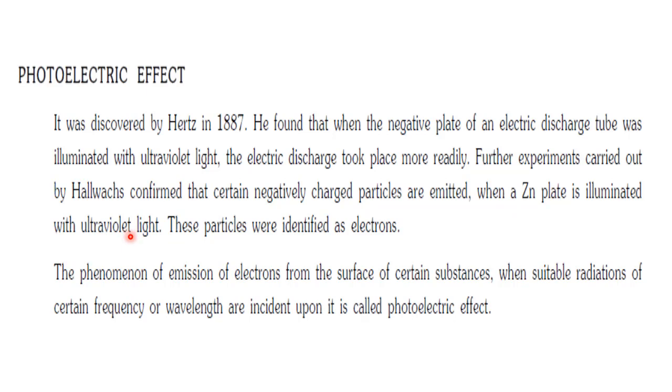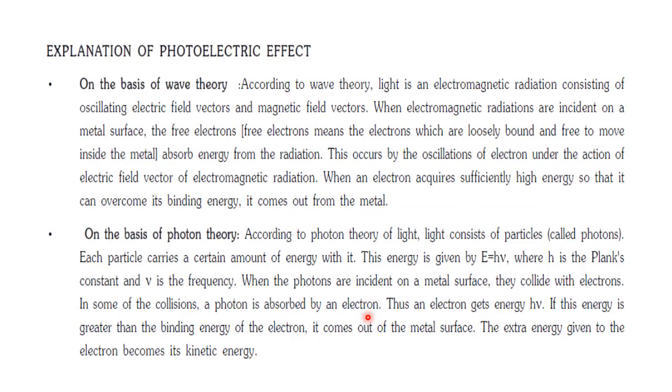So, in short, we can say that the emission of electrons from the surface of certain substances when suitable radiation of certain frequency or wavelength, which means the energy of the radiation, is incident upon it, is called the photoelectric effect.